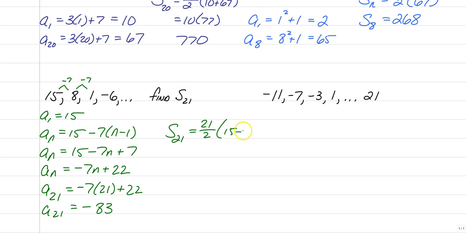Now we can just type that in the calculator, and we'll end up with 10.5 times 15 minus 83, and we get the sum of the first 21 terms is going to be negative 714. Okay? So that's how you use this formula again when you have to find something else.